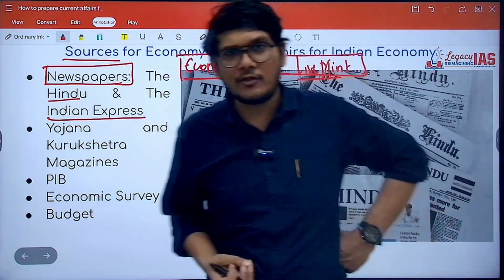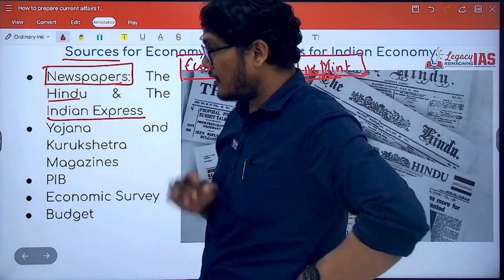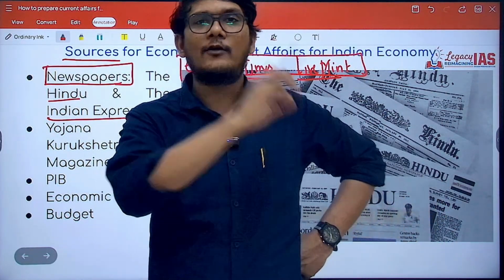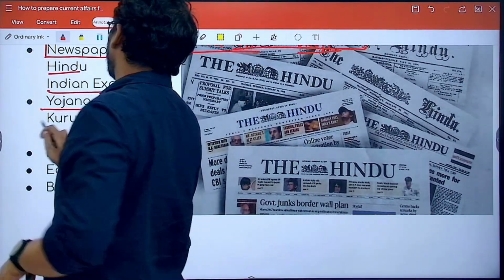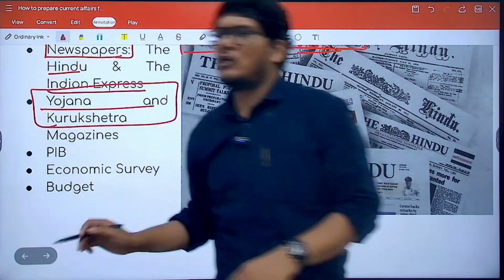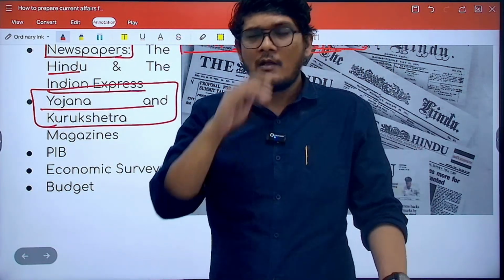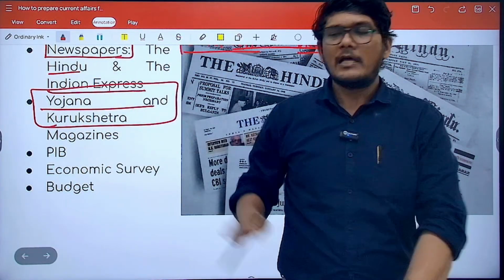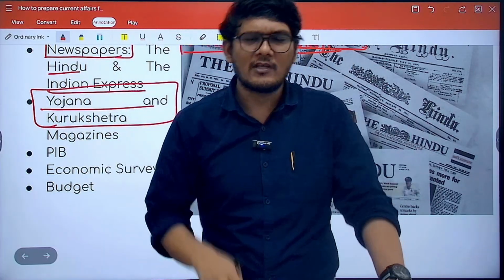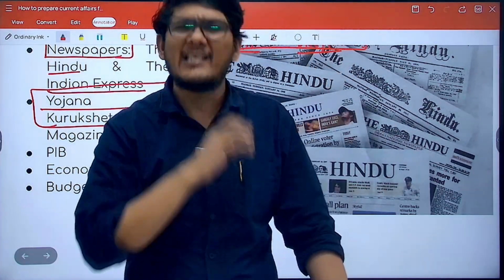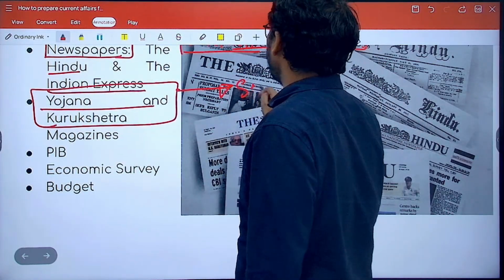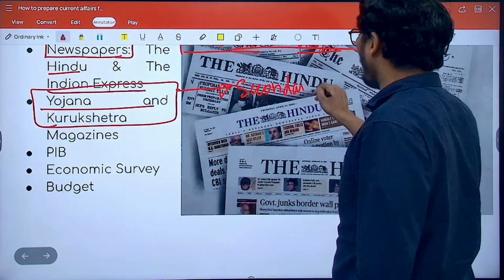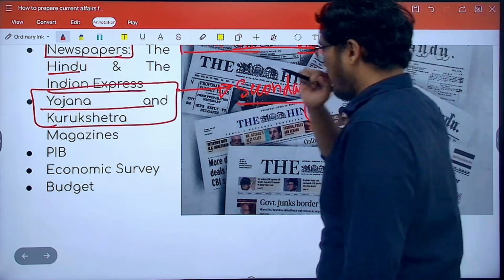Now, in addition to this, there are certain other sources I will give you with qualifying arguments. One is the Yojana and the Kurukshetra magazine. These should be your secondary sources. When you are thorough with other things, then you can go to these sources. They are specifically mains oriented sources, and these are your secondary sources is what I would like to call them.